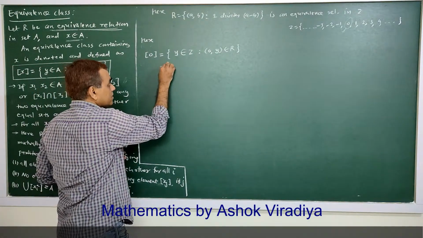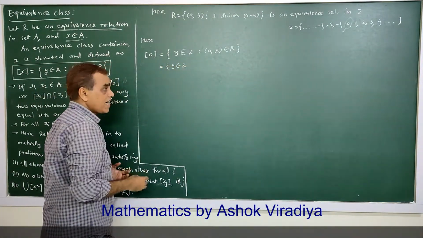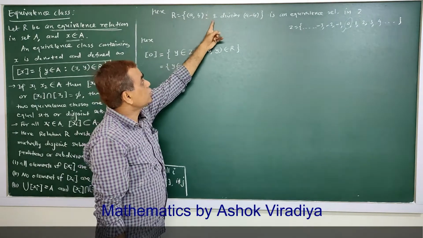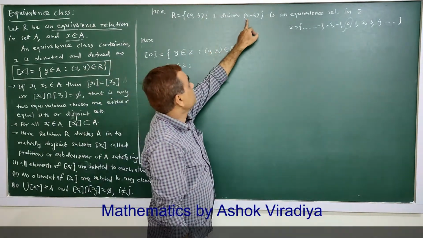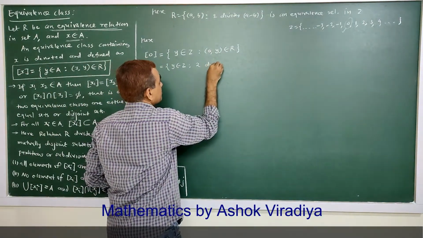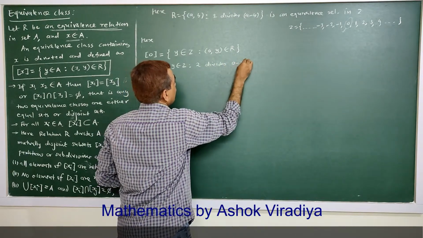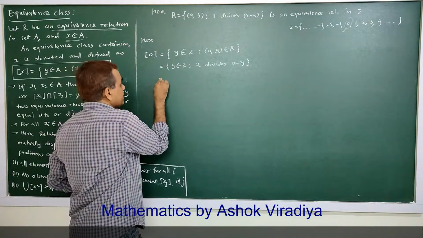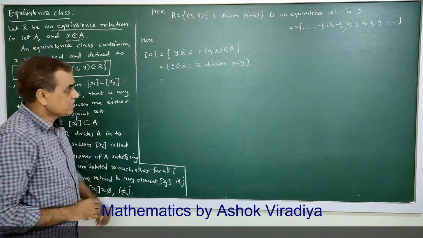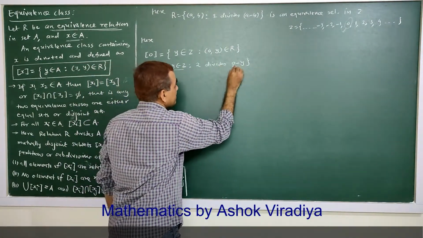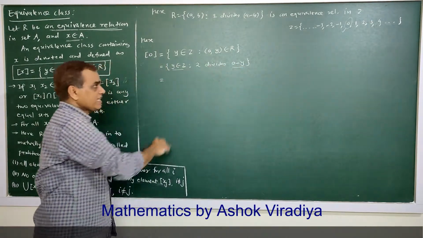That means this is the set of all integers from Z such that (0, y) belongs to R, that means 2 divides 0 minus y. See, exactly I am putting it similar to this definition. So that is, the set of integers such that 2 divides 0 minus y, that means 2 divides minus y.